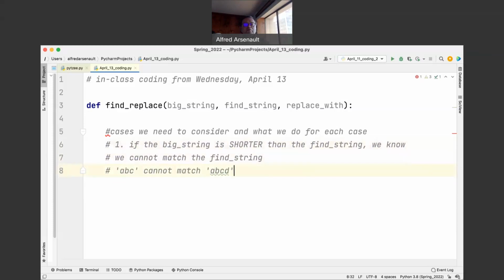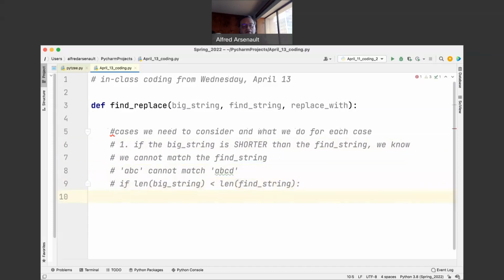That's going to be something like if length of big string is less than length of find string, you simply return the big string. Because there's no match, and if there's no match, there's no replacement. And if there's no replacement, that's fine.